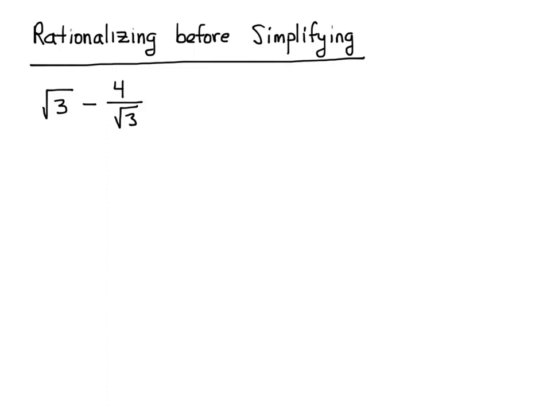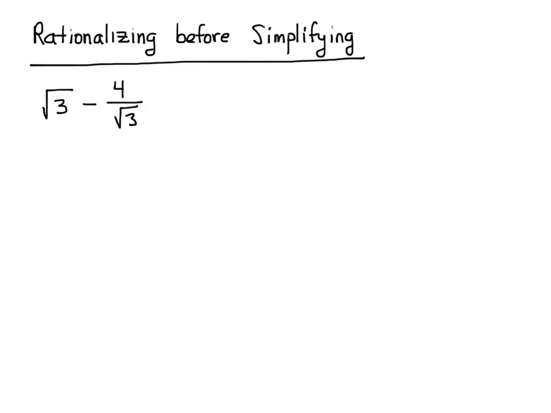So if we have the square root of 3 minus 4 over the square root of 3, we do have kind of a similarity here with the square root of 3 appearing in both terms. But it's not quite the same thing because we have this 4 over the square root of 3 rather than something times the square root of 3.